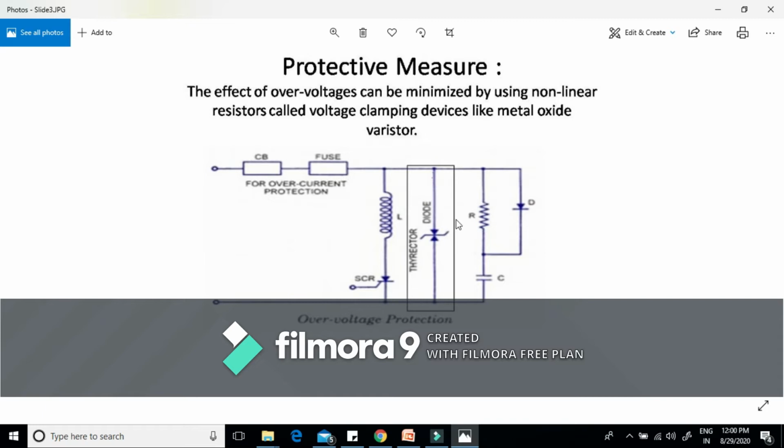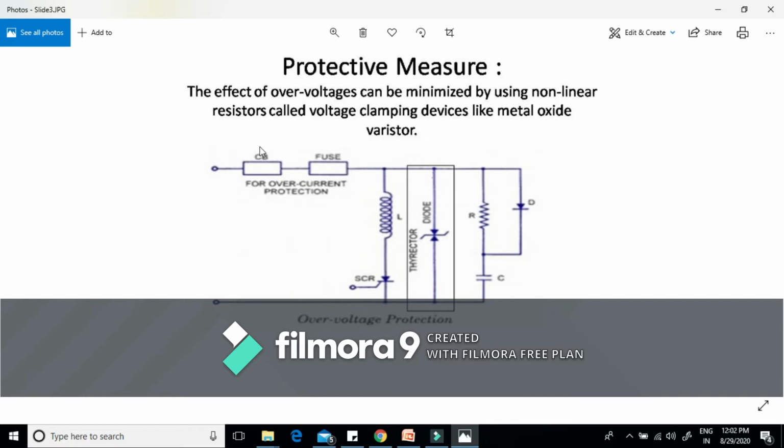This is basically a non-linear resistor. These voltage clamping devices are connected in parallel to the switch that we have to protect, that is this SCR. That means this varistor is connected in parallel with this SCR.